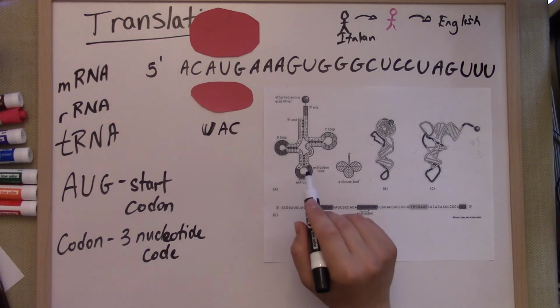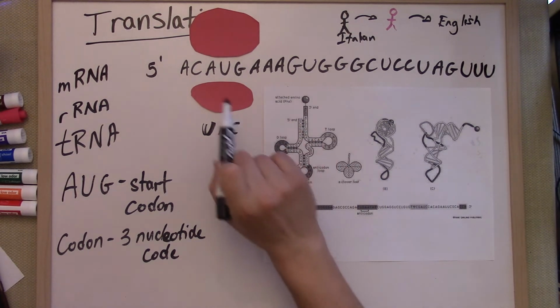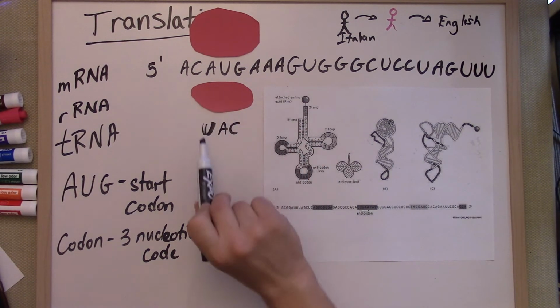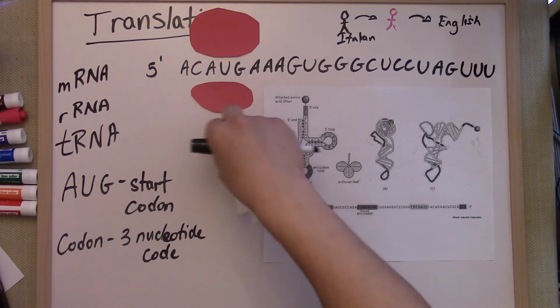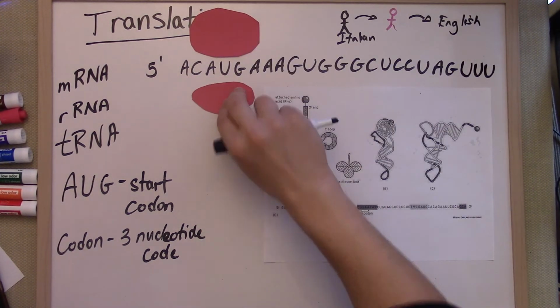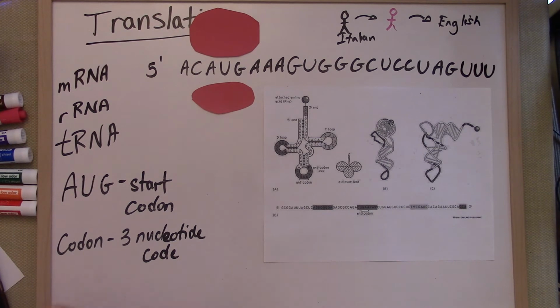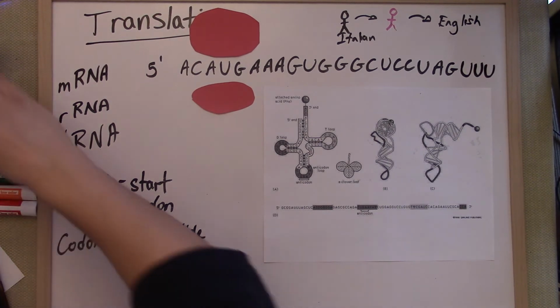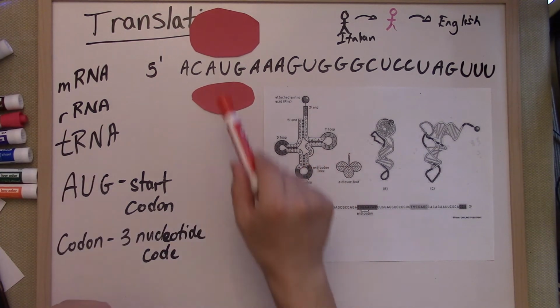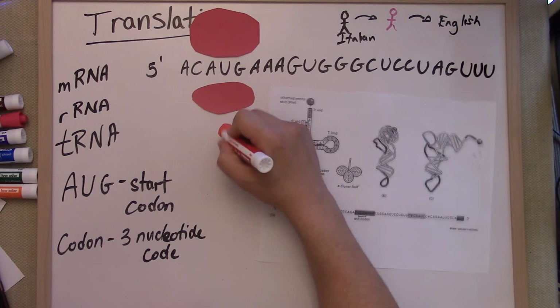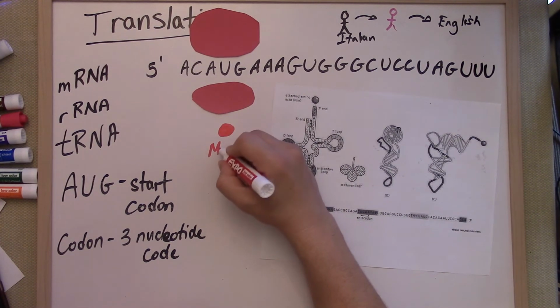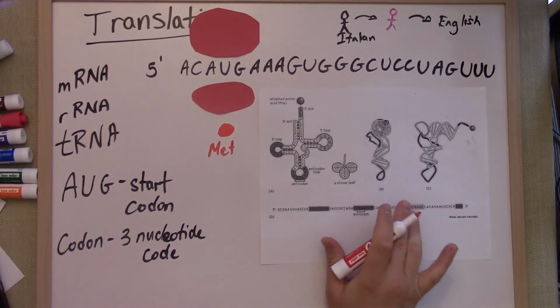This is a different tRNA, but there is a tRNA that has UAC as the anticodon. And that tRNA would come in and it would bring with it an amino acid. And the amino acid that always is brought in by that piece of tRNA is the amino acid methionine, MET.